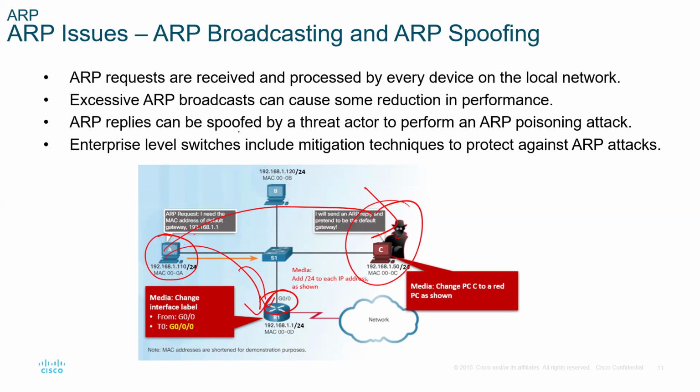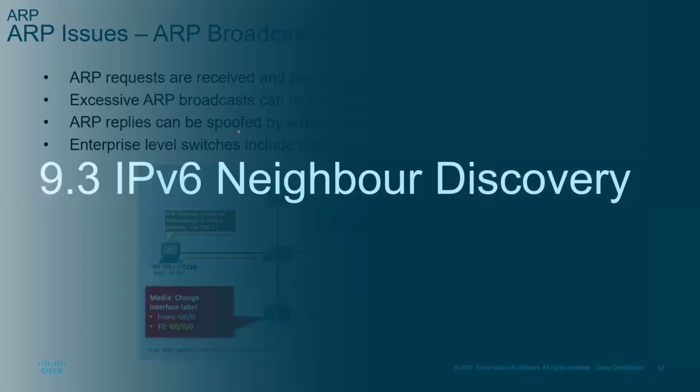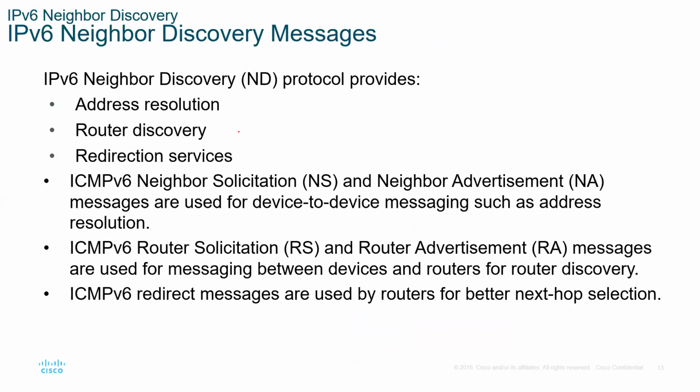Those are just the technical terms. But if you understand basically what is happening: an attacker disguises itself as the default gateway, then packets are sent to the attacker instead of the default gateway. Right. Let's now look at IPv6.